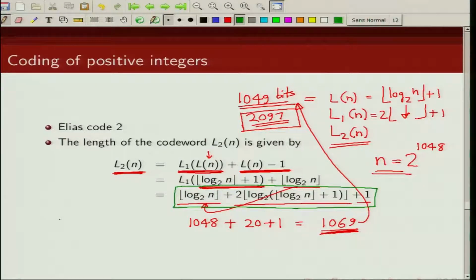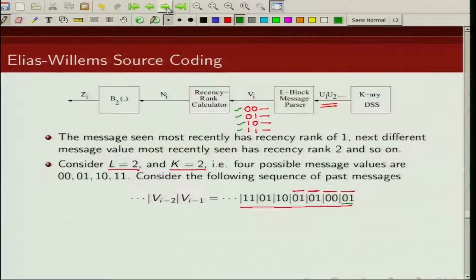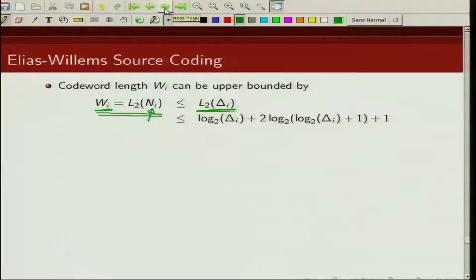Now, if I remove these floors, I can write length of Elias code is upper bounded by log to the base 2 of n plus 2 log to the base 2 of log to the base 2 of n plus 1, plus 1. So, that is what I am doing here. Okay. So, this follows from the length of the Elias code, correct.